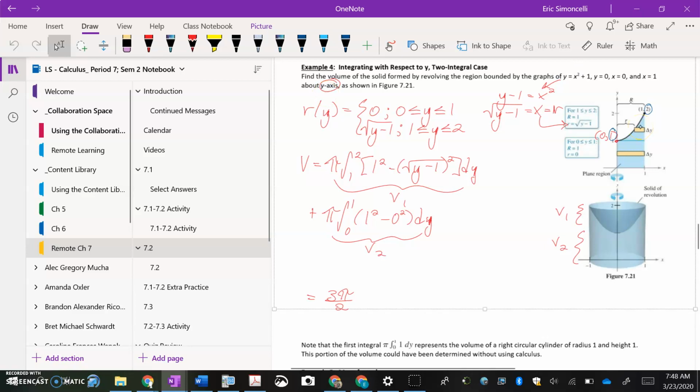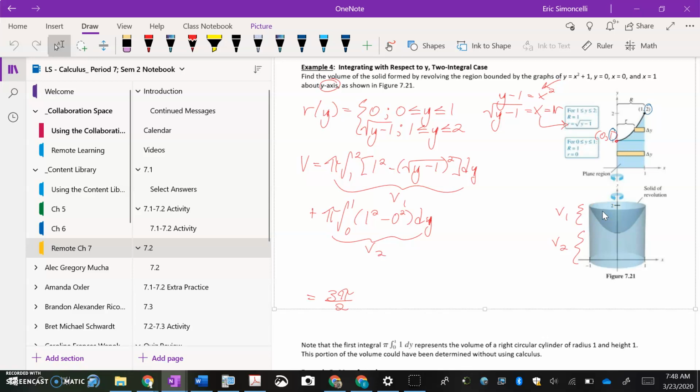So we're taking this two-dimensional object with a very specific area, and we're revolving it about the y-axis. So we're creating what you see below here, a three-dimensional depiction of this, which has a volume v sub 1 and a volume v sub 2.